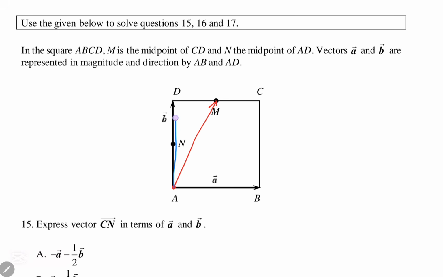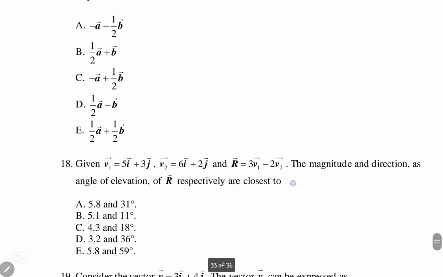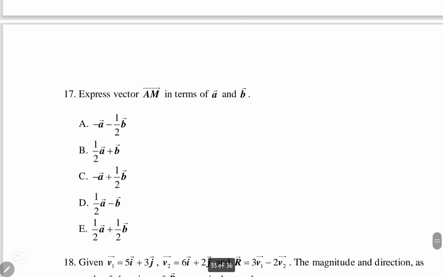So from A to D, and then from D to M. From A to D, this is the distance of B, so that's going to be B. And then from D to M, that is parallel to A, not anti-parallel. It's going in the same direction, but it's half of A. So it's going to be B plus half A. So what's the correct answer here? B plus half A. Is it an option? Yeah, B plus half A. So for 17, the answer is B.